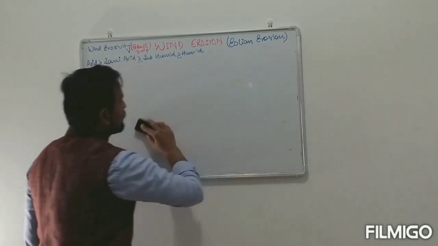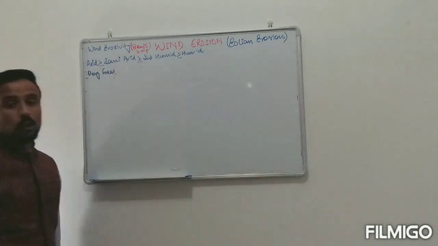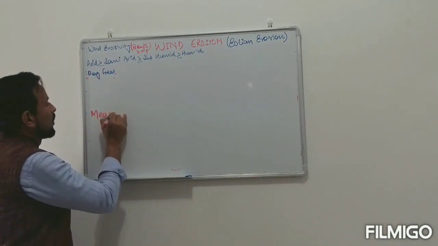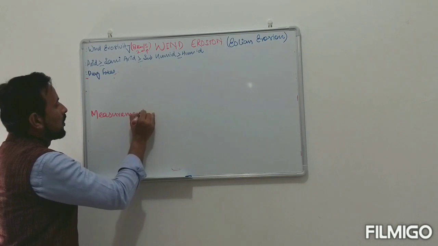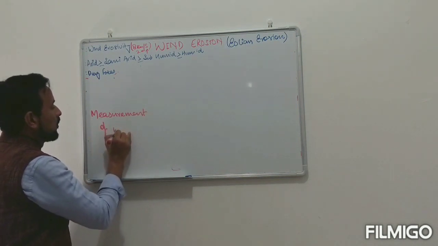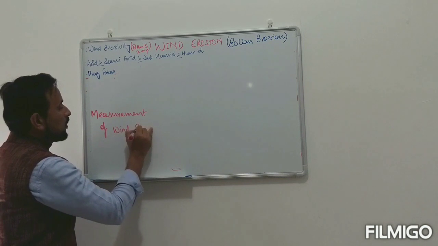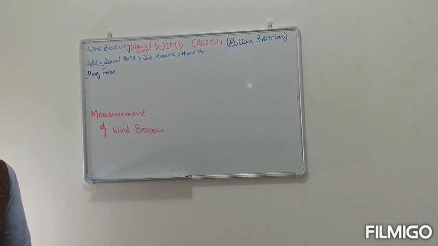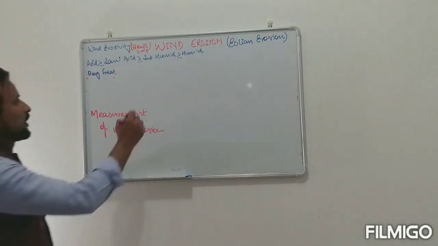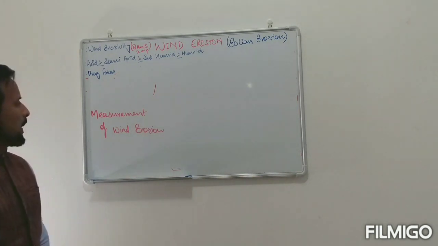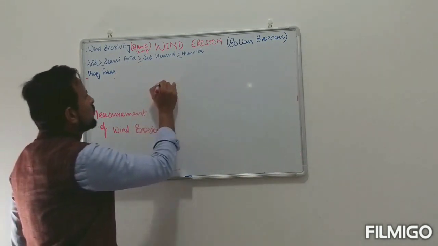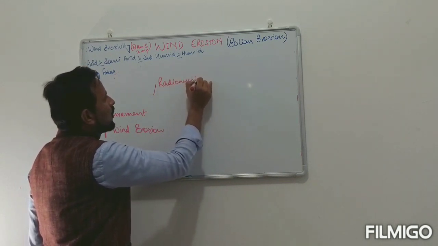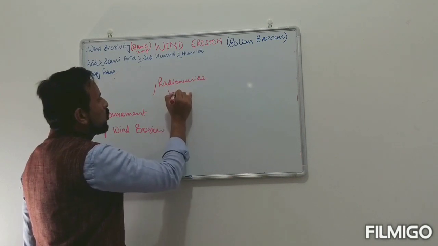Then measurement of wind erosion can also be done, right? Measurement of wind erosion can be done by three approaches. One of them is, say, gradient nuclide fallout method.